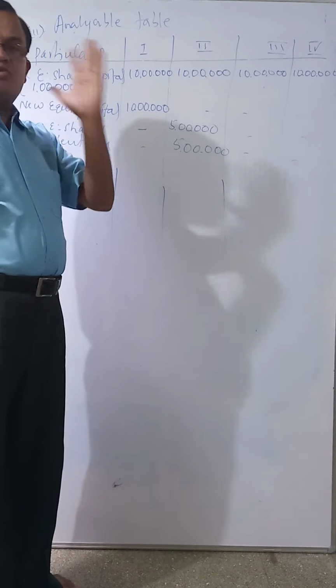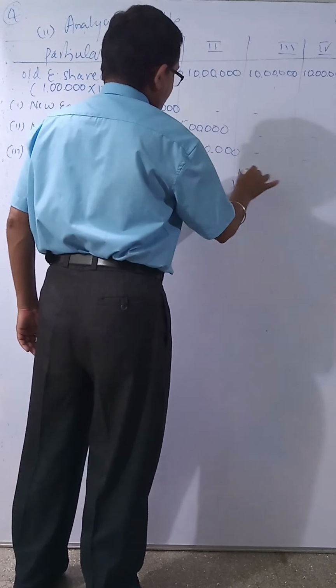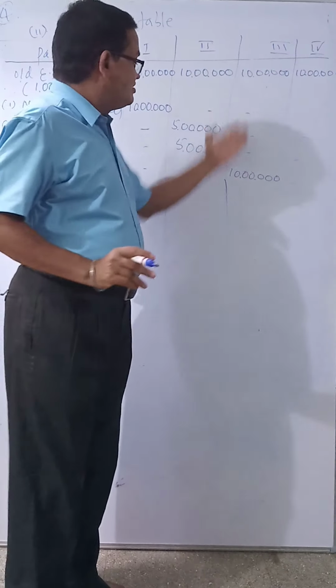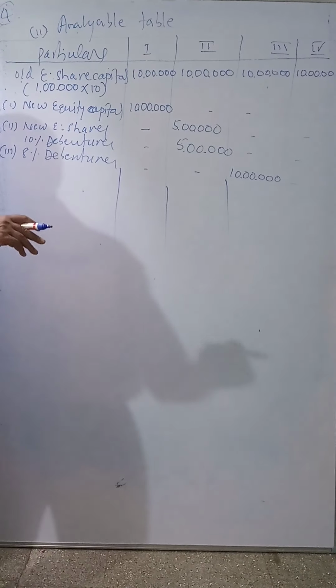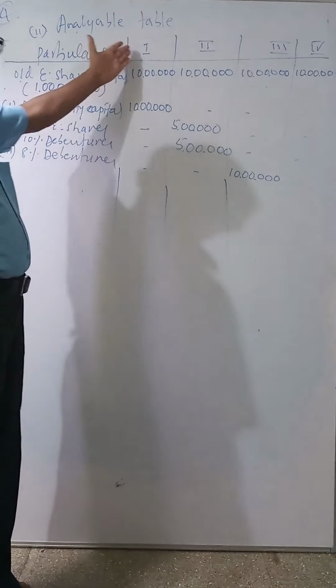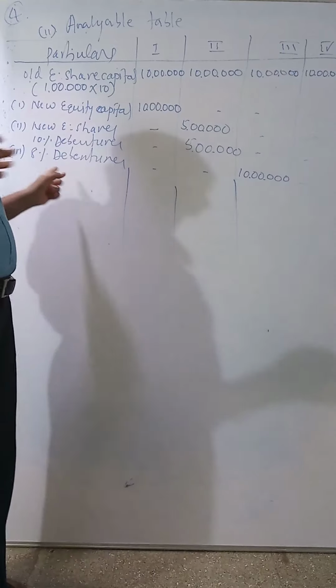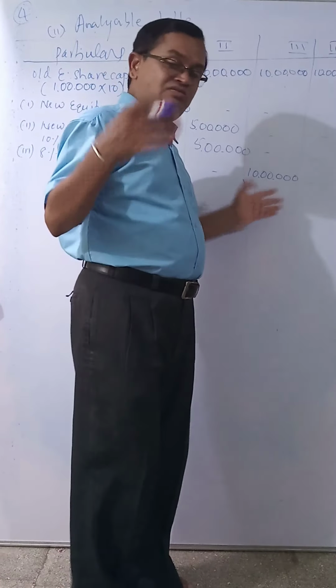Third point: all debentures issued at 8%. The management raised another 10 lakh, and that should be allocated in the first plan, second plan, third plan. So in the third plan the entire 10 lakh is raised by issuing 8% debentures.